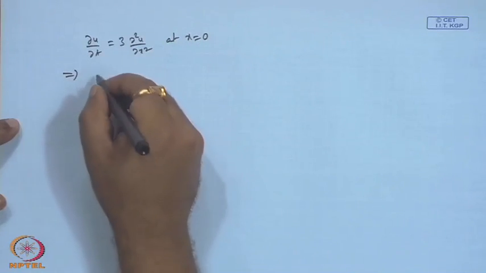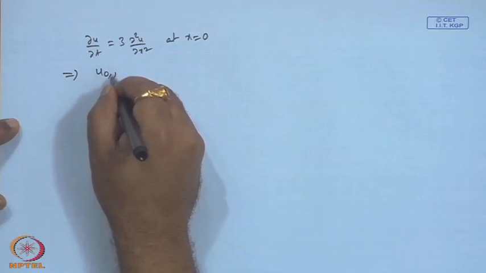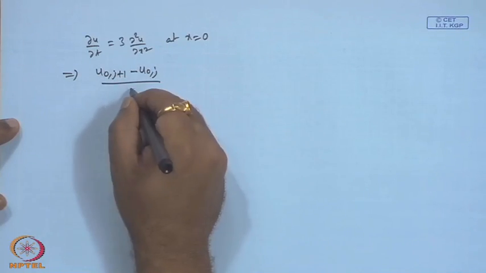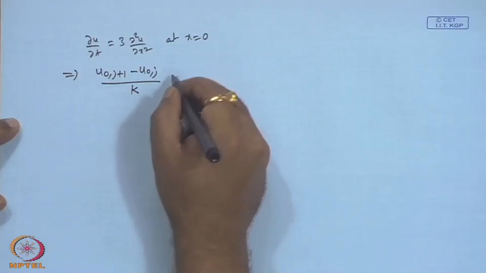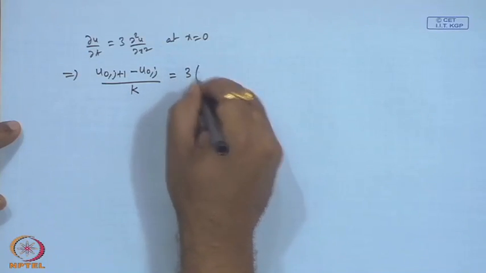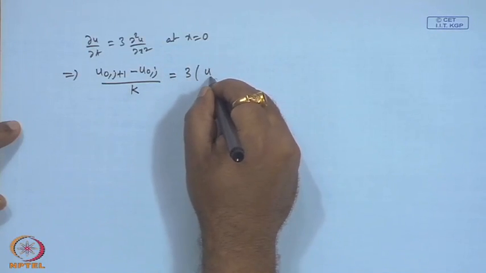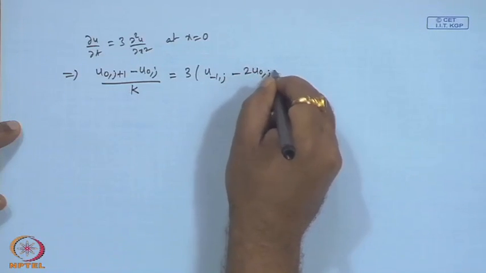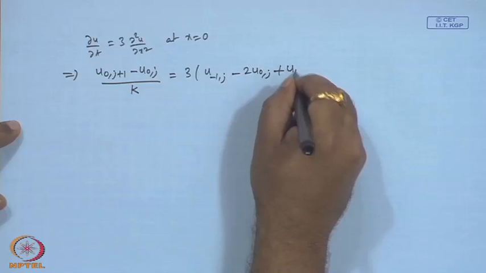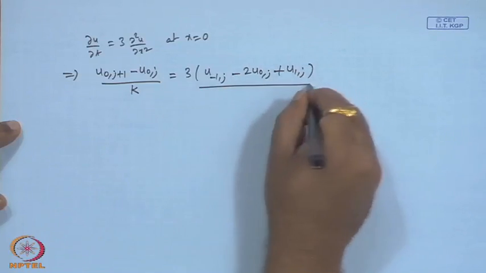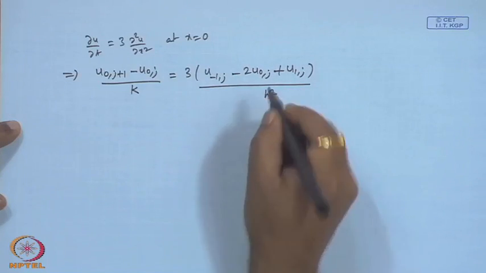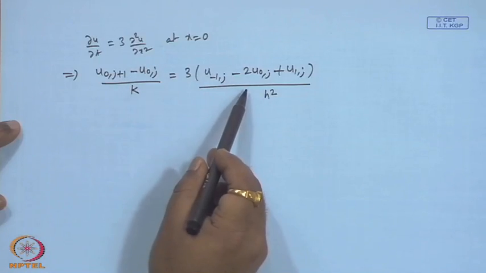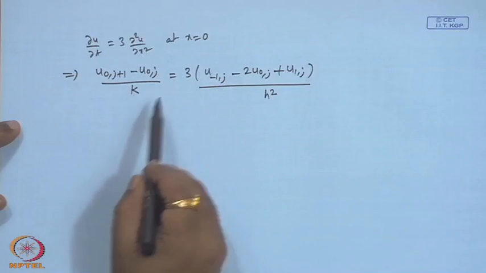So, this implies, so this is forward time, this is central second order. Okay.